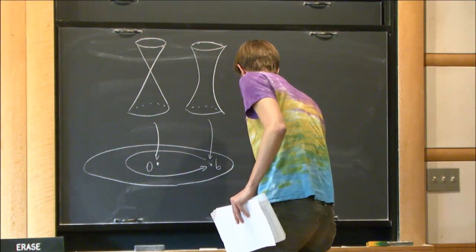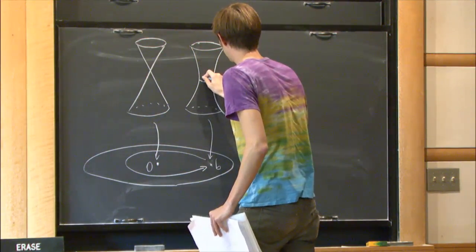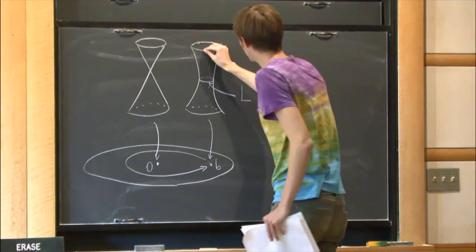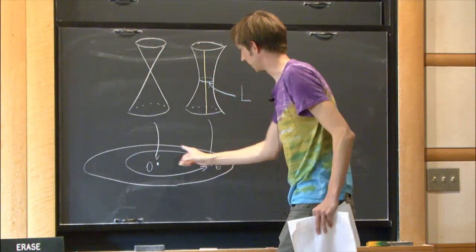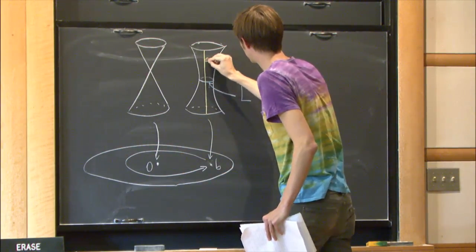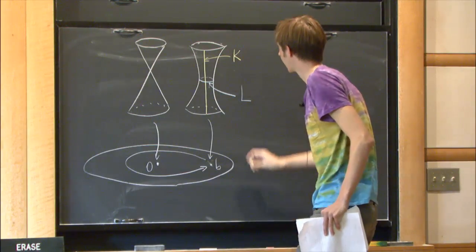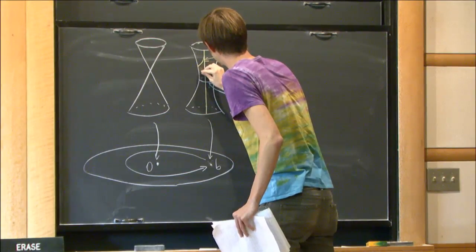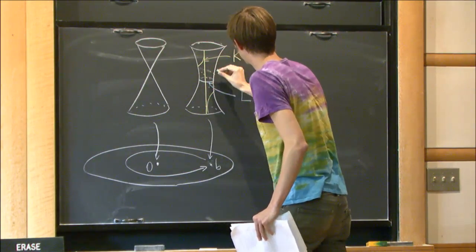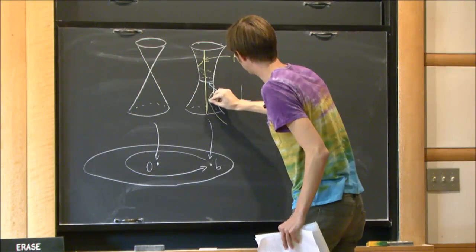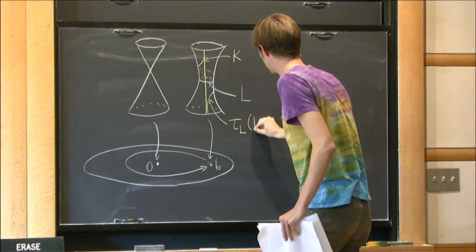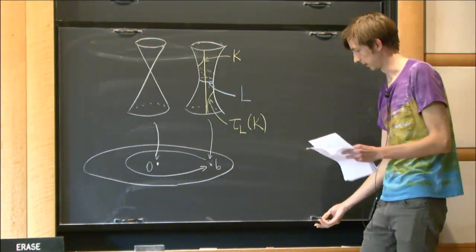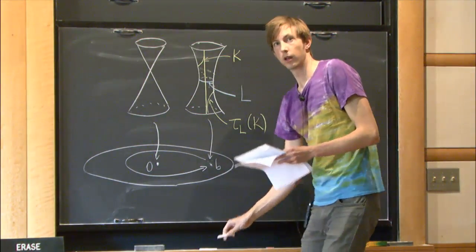We have some vanishing cycle, which we call L. And the monodromy, as we go around the base, takes this K to this tau L of K. The tau L is this Dehn twist.